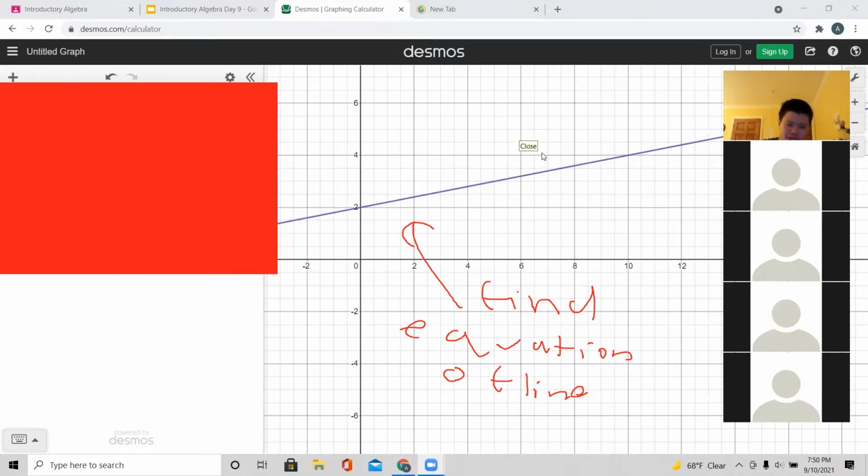m equals 1/4 is close, but a bit off. This point's 10/4. I mean, you can work together. It's fine if you do.